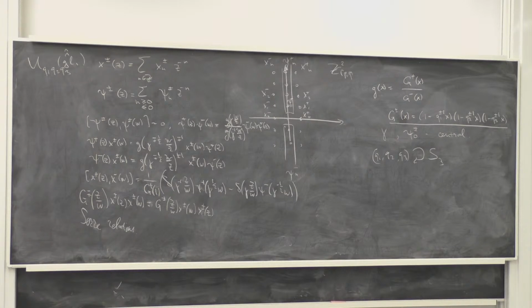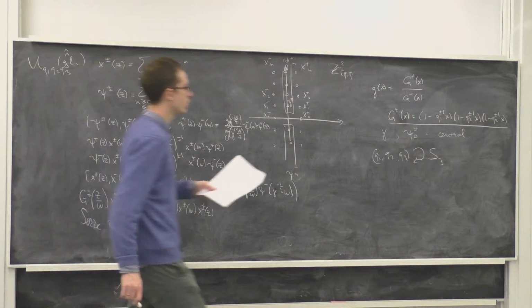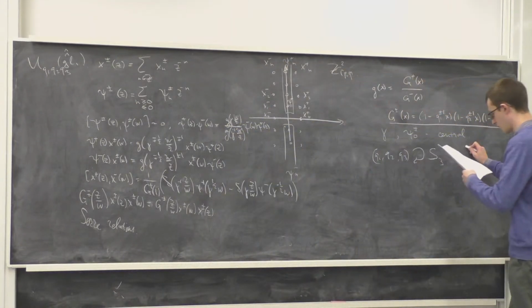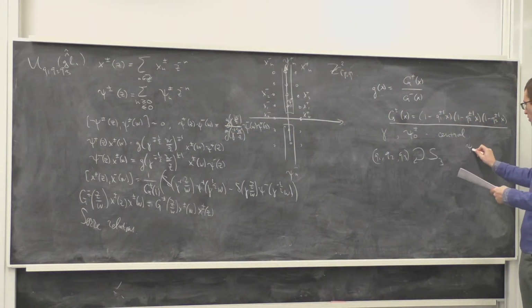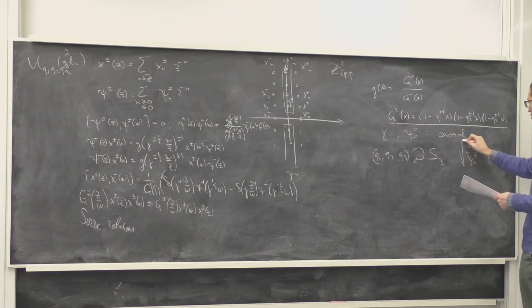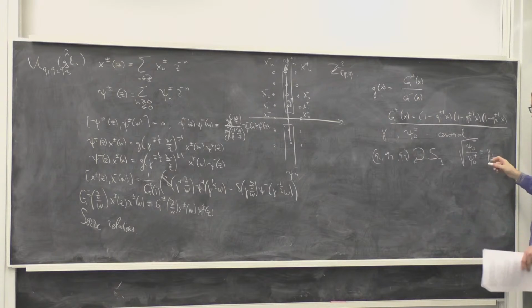Okay, let me introduce one more thing. I write the ratio of these two central charges. As I told you, the product of them is irrelevant, but the ratio is important. So I introduce gamma orthogonal.